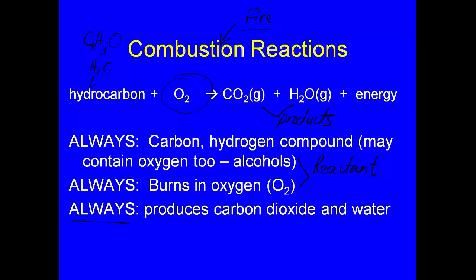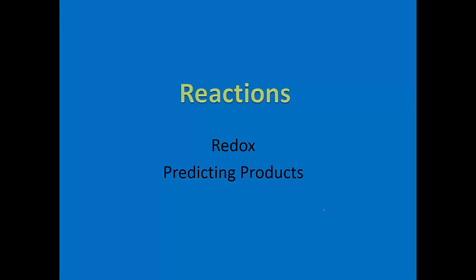Notice, always, this is what you're getting out of it. You get carbon dioxide and water. And again, I could write down sometimes water and carbon dioxide. It doesn't matter which order, but it does matter that you always get these out. You always get out carbon dioxide and water in the products.